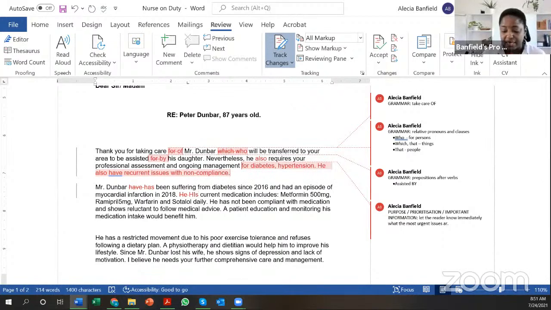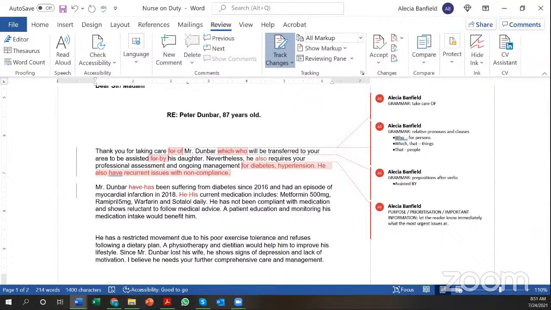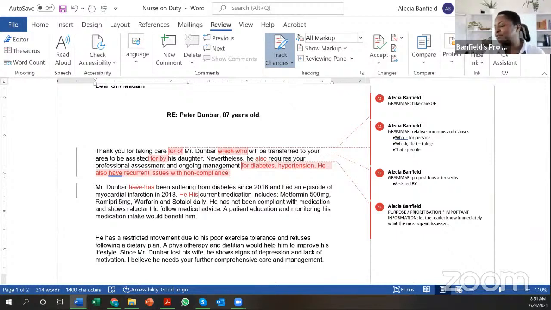So basically what you're telling me is you're picking up all of your errors and you did not proofread. That's my problem, because of the time pressure. When I finish the letter, I don't use the 3 minutes to check my letter. And you have to. All right, so his current medication.